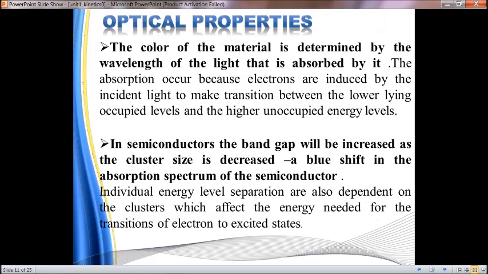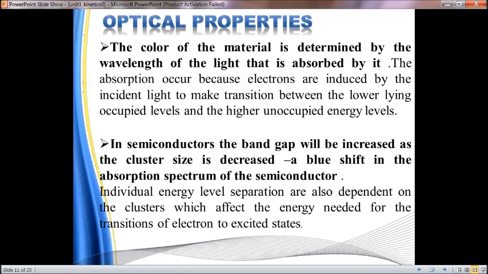Then optical properties. The color of a material is determined by the wavelength of light that is absorbed by it. You already know that, because in optical communication the laser light, fiber laser light, LED light, sodium light and neon light all have different frequencies.